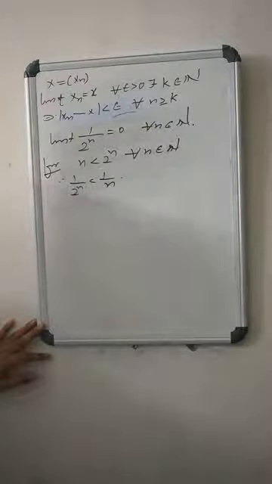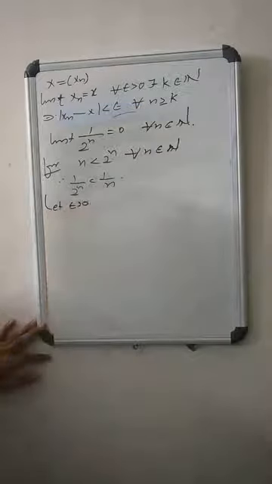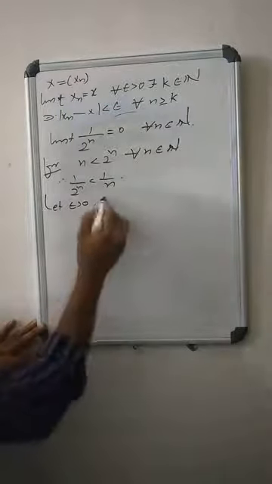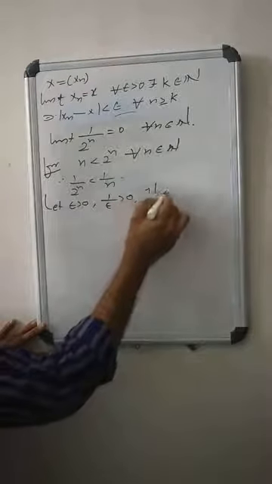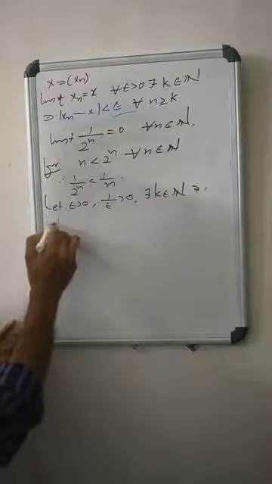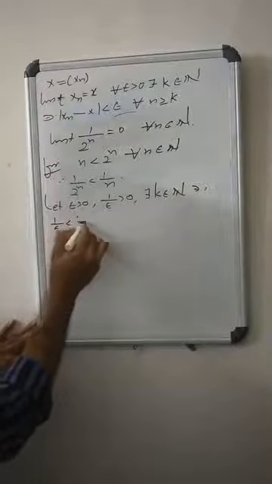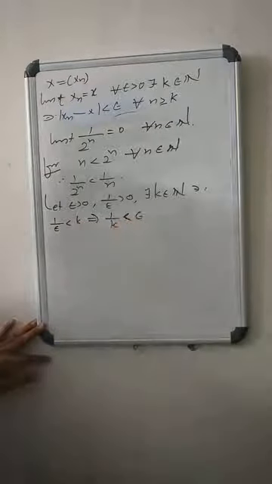Okay. Now consider that epsilon is positive. Then 1 by epsilon is positive, so by the Archimedean property there exists k in N such that 1 by epsilon is strictly less than k, meaning 1 by k is strictly less than epsilon.